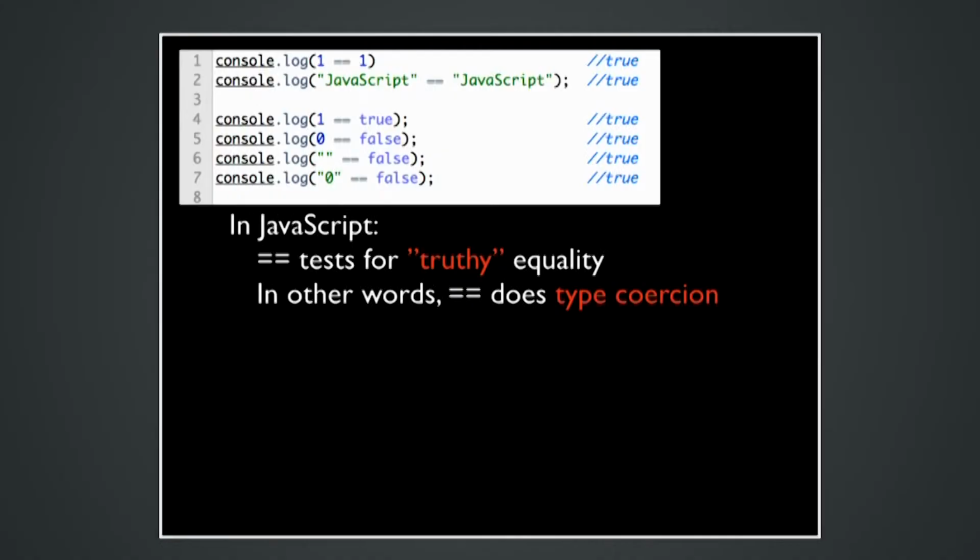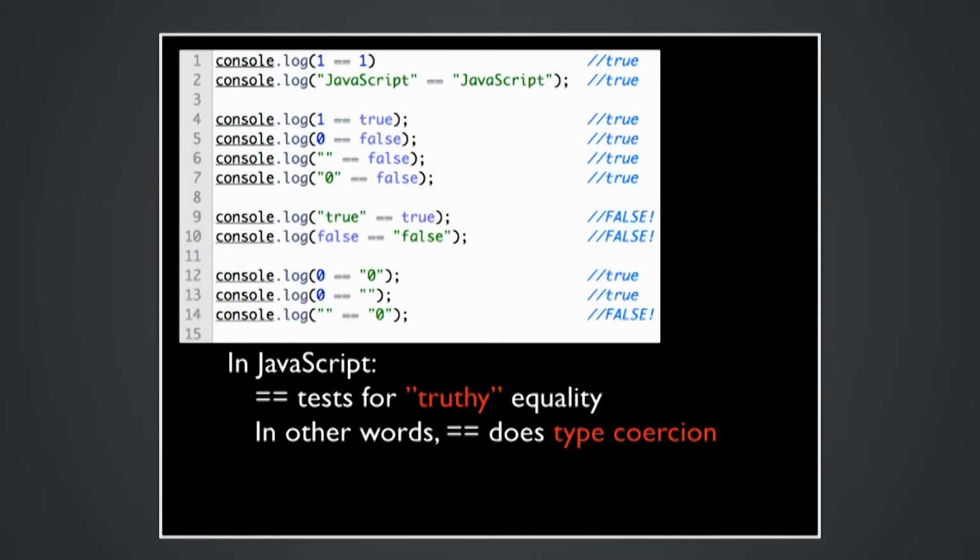I said, well, all right, let's consider this a little bit further. If 1 equals true, then 0 must equal false, and in fact it did. And I was happy again until I noticed that an empty string was false as well. And I noticed not just an empty string, but the string 0 was false as well. And I was less happy, but I was cautiously optimistic that, all right, I get what's going on here.